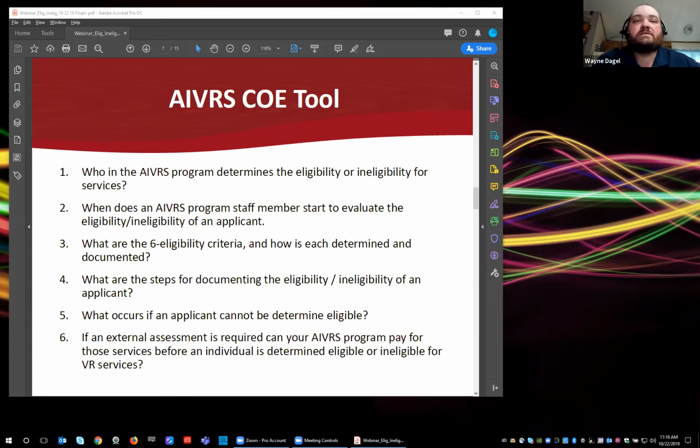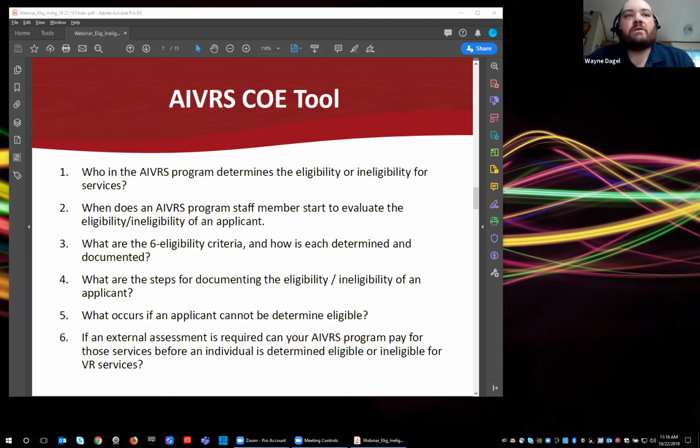So in your eligibility process, in your AIVRS program, you have to include in your policies and procedures that due process, which is taken into account during eligibility. So what was stated was that counselors determine eligibility, and then we also have our backup for directors, right? If somebody doesn't agree with our decision, they have the opportunity to go up to the director and challenge that and do the due process.